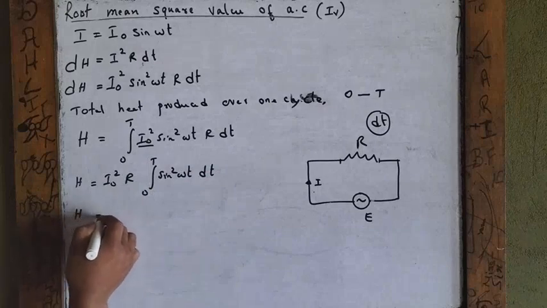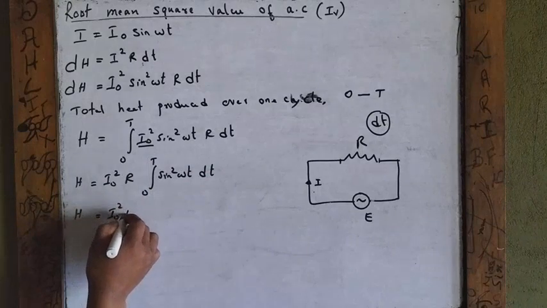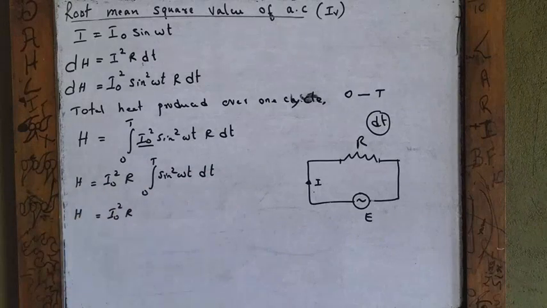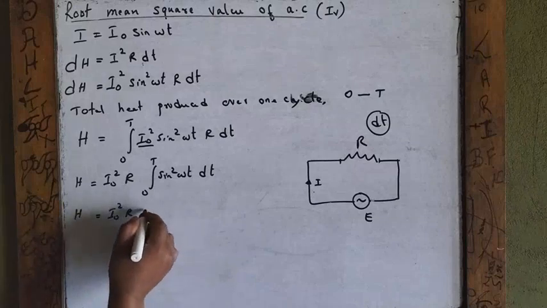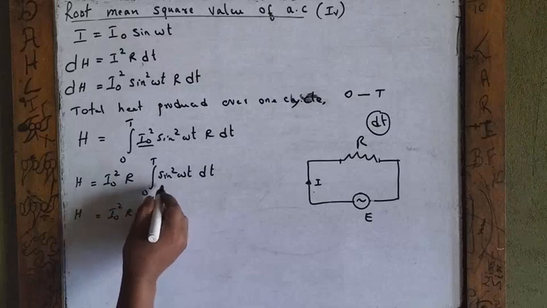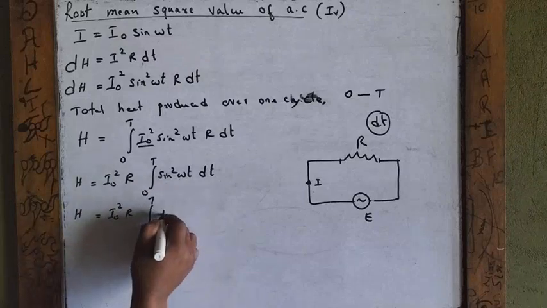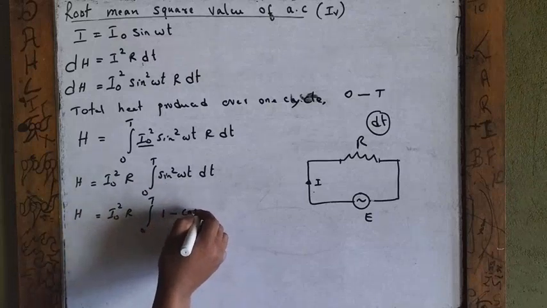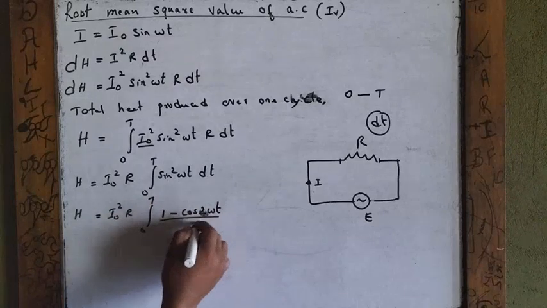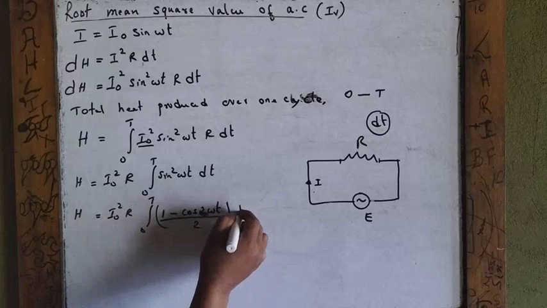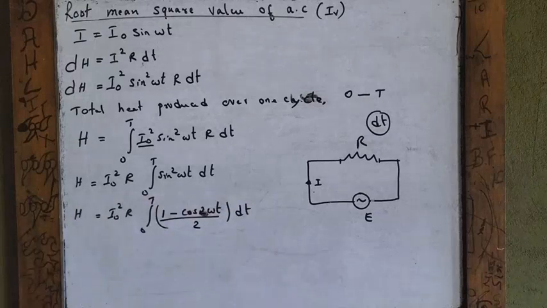This heat produced in the resistance R can be written as H equal I naught square R, and I will change this sine square omega t to (1 minus cos 2 omega t) by 2, and then dt. We get this from the trigonometric formula.